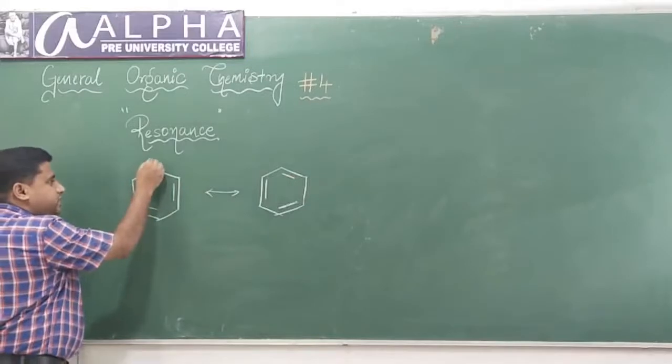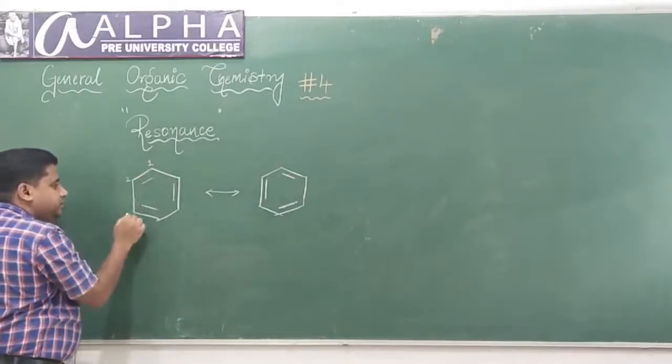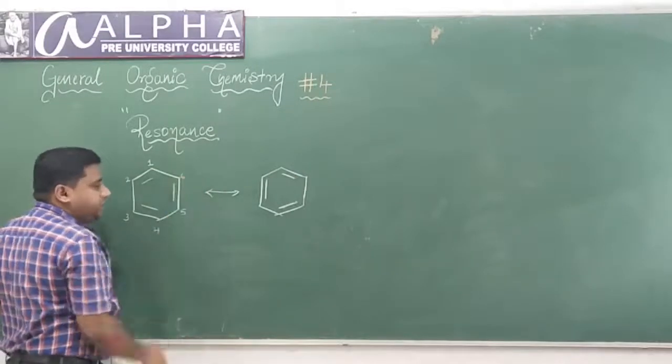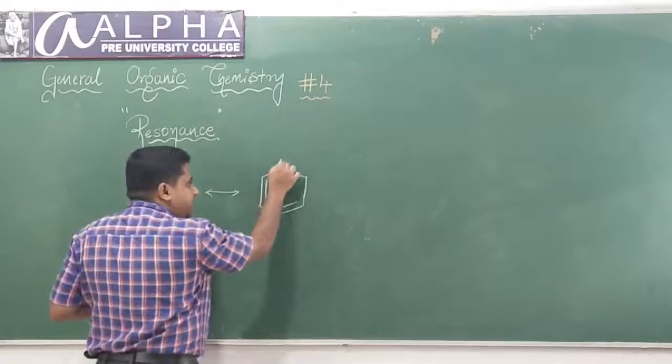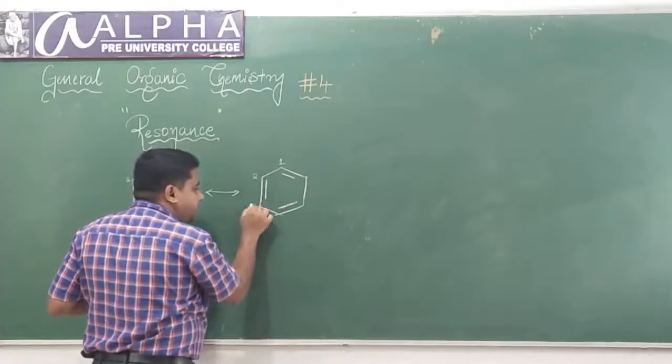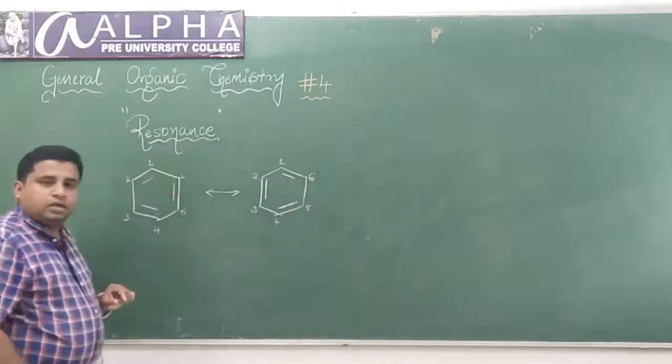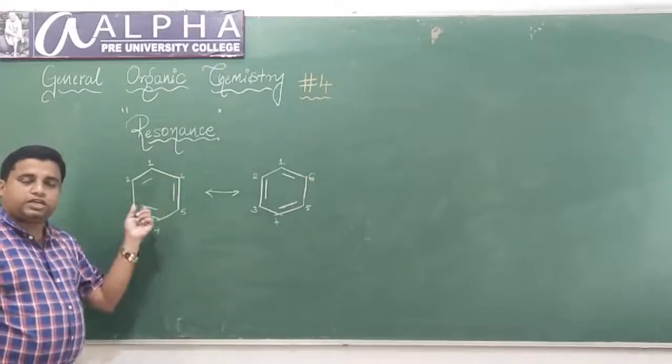If I call this the first carbon, second carbon, third carbon, fourth carbon, fifth and sixth carbon, and again first carbon, second, third, fourth, fifth and sixth carbon, I hope you can see the difference between this structure and this structure.